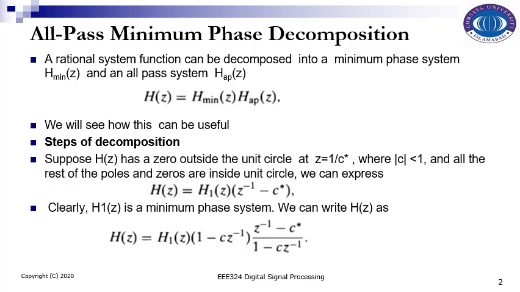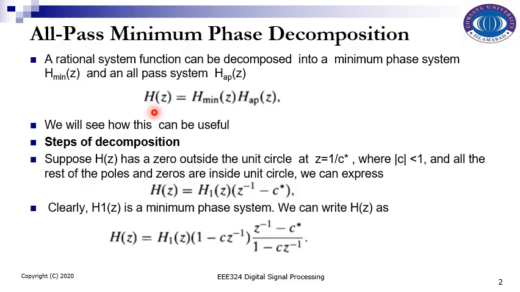Now let's look at the process of all-pass minimum phase decomposition, and we will see how this would be useful and what its applications would be. Given a rational system function, we can decompose it into a combination of a minimum phase system and an all-pass system.